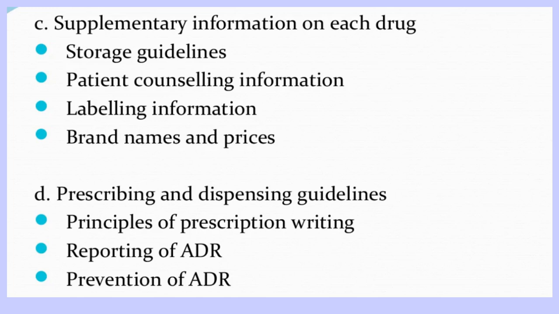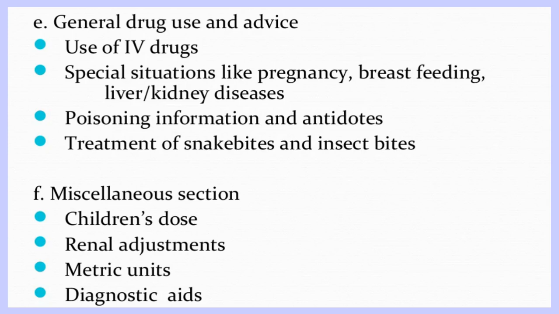Then supplementary information on each drug like storage guidelines, patient counseling information, labeling information, brand names and prices. Then under prescribing and dispensing guidelines, there are principles of prescription writing, reporting of adverse drug reactions, prevention of adverse drug reactions.